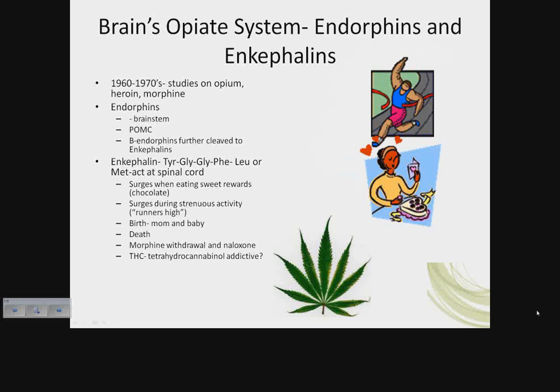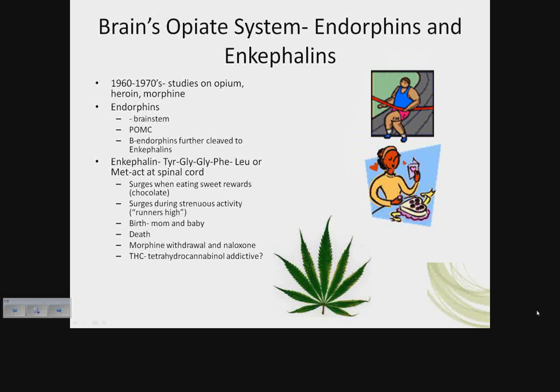Because most drugs that alter excitability of neurons do so by acting on synaptic receptors, it was assumed that the morphine quote-unquote receptors of the analgesia system must be receptors for some morphine-like neurotransmitter that is naturally secreted in the brain. So let me say this in plain English. When scientists first started injecting these opiates into people, either in their brain or in the spinal cord, they had analgesia-like effects.